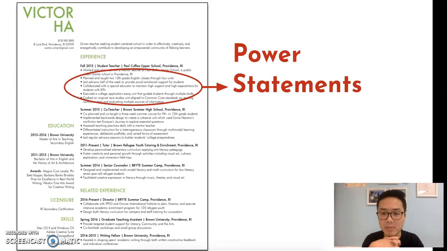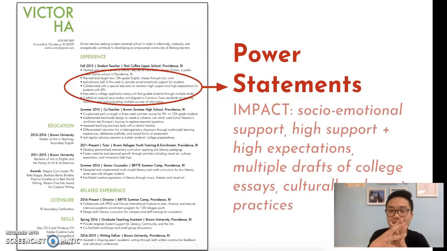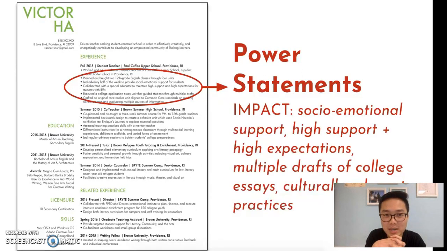Now, in these power statements, I want you to try to underline at least 3 or 4. What impact am I saying that I made at this school? What important things did I do at this school? Yes, and here's what I said.